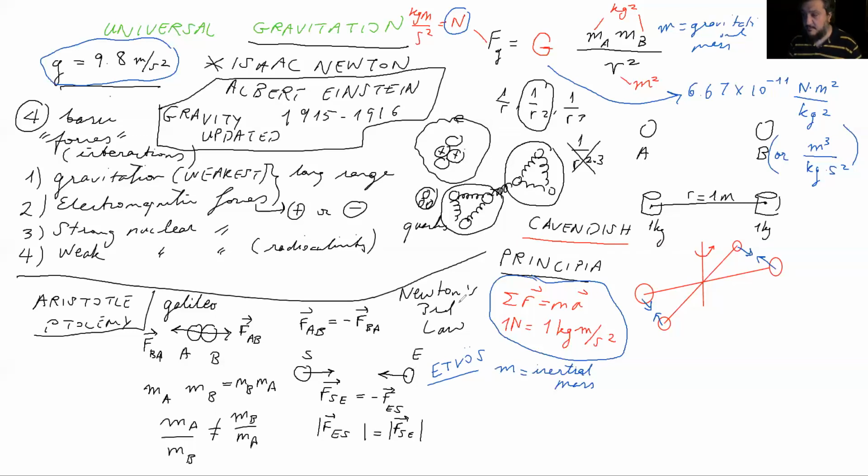So far, we don't know if they're not the same. So just keep in mind, two ways of defining mass. This is now the gravitational mass. G is 6.67 times 10 to the negative 11 newton meters squared per kilogram squared.